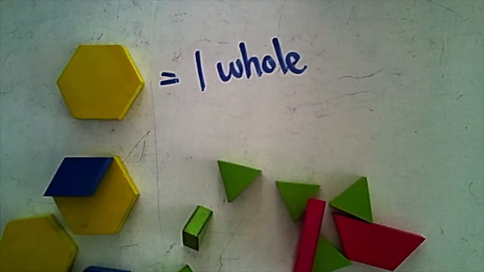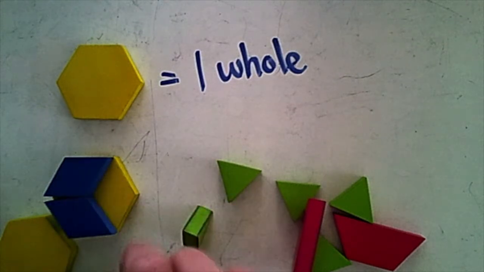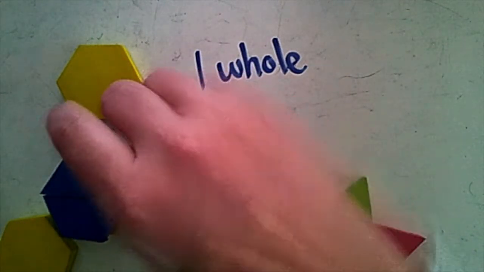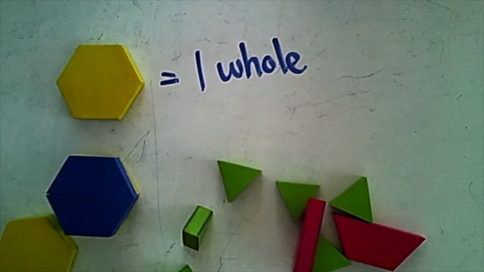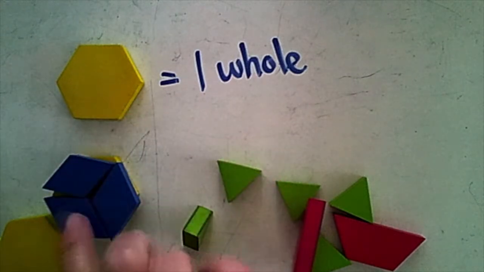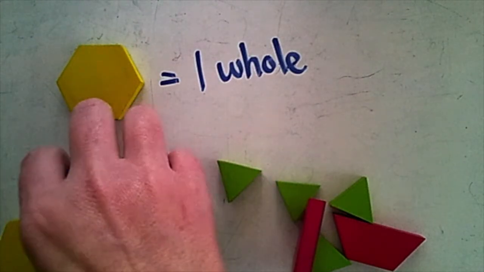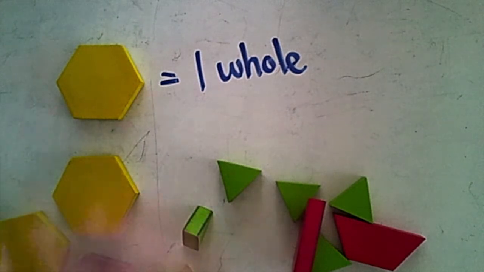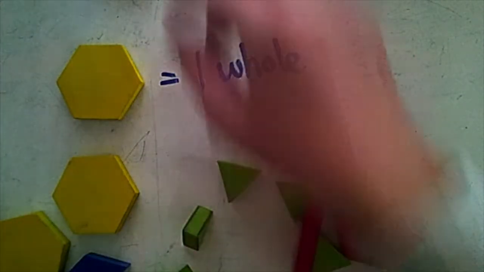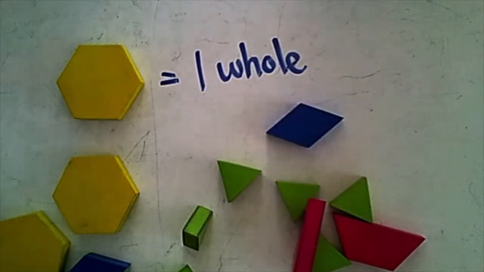If that equals 1 whole, we want to figure out what the other colors represent. So how many, if you guys remember, how many blue pieces go on 1 whole? Okay, so there are 3 blue pieces that fit on top of the yellow. So this piece, if I just took that one piece, let's put it over here so you guys can see it.